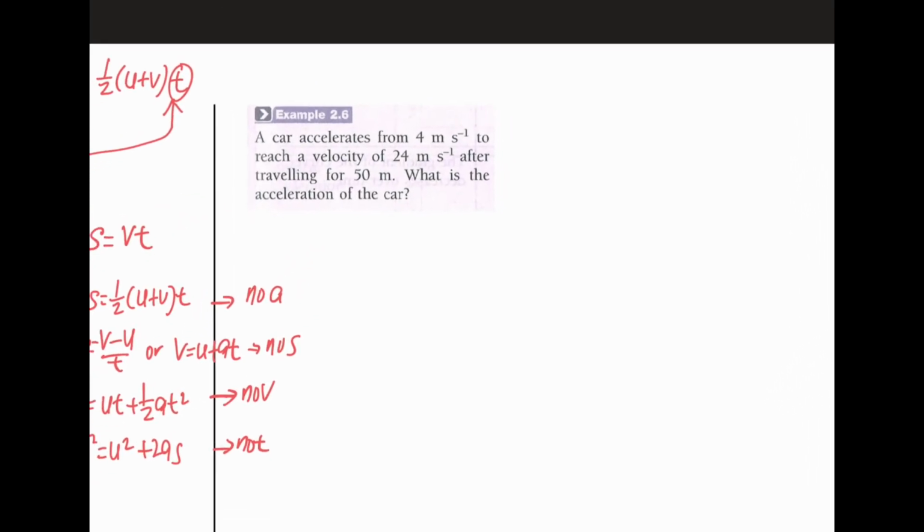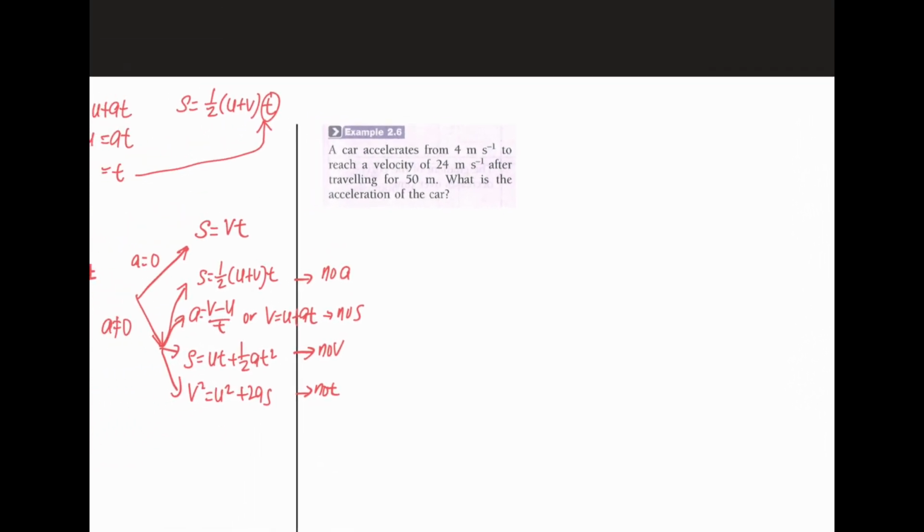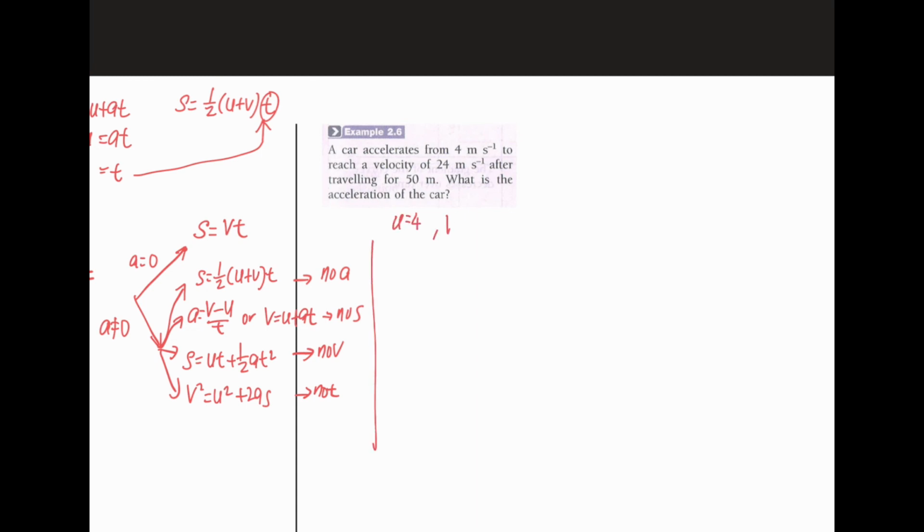Okay, now another question. A car accelerates from 4 to reach a velocity of 24. Okay, so we know u is 4, v is 24, s is 50. What is the acceleration? Okay, they are looking for a. So we have u, v, s, a. We don't have t.